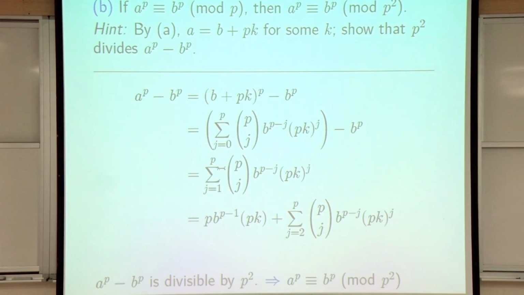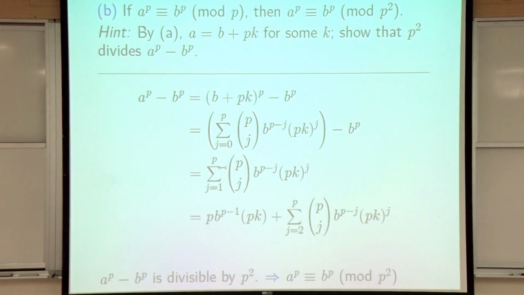And for the second part, if A to the power P is congruent to B to the power P mod P, then A to the power P is congruent to B to the power P mod P squared.